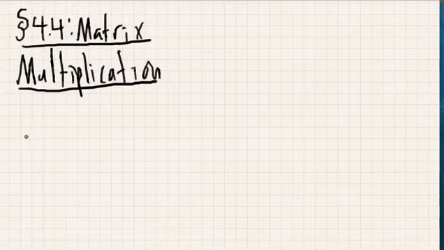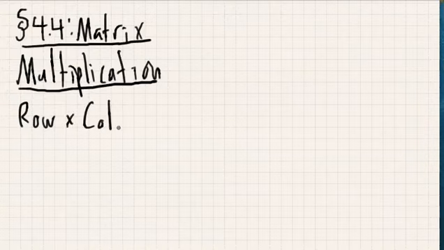Now, the most basic form of matrix multiplication is taking a row matrix times a column matrix. So that's what we will study first. And for this, just two notes about this.